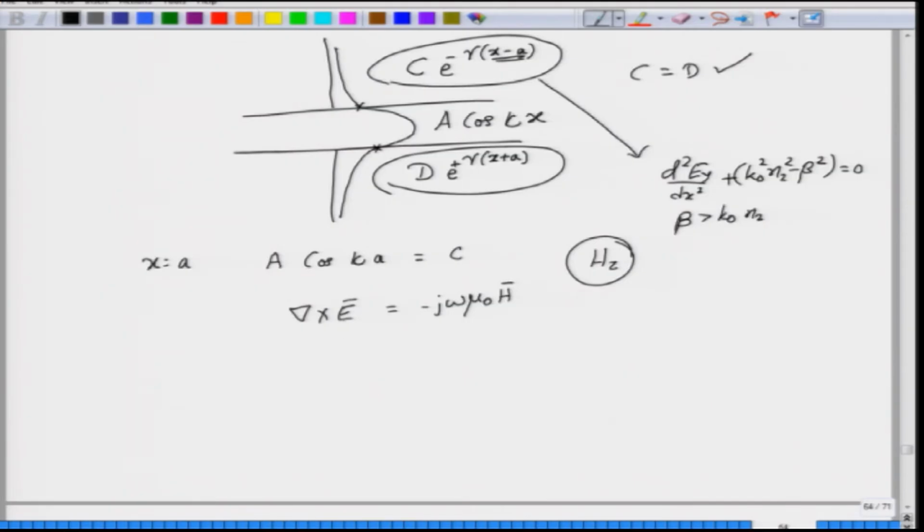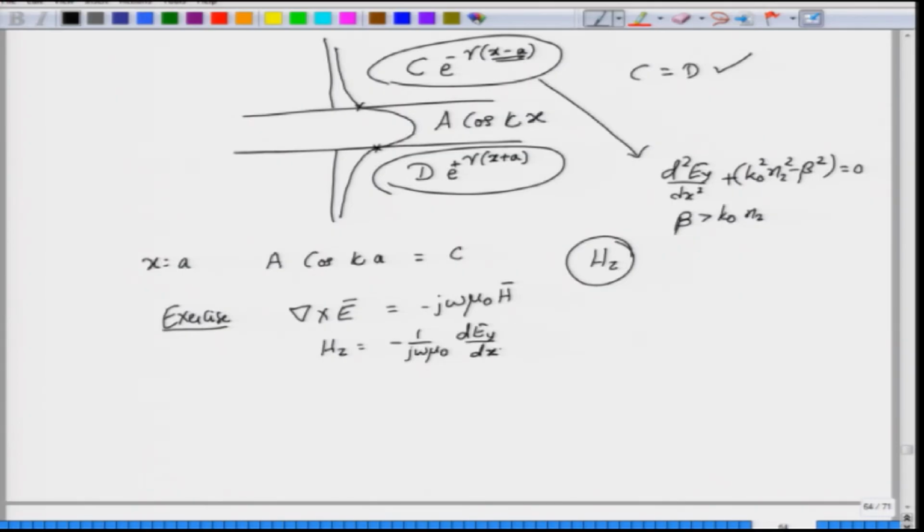Expand this del cross E and equate the terms on the left hand and the right hand side, which again I will leave as an exercise because we do not have much time. You can show that Hz will be equal to minus 1 by j omega mu naught dEy by dx.